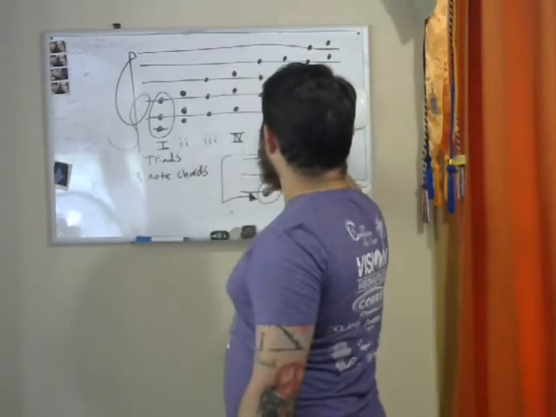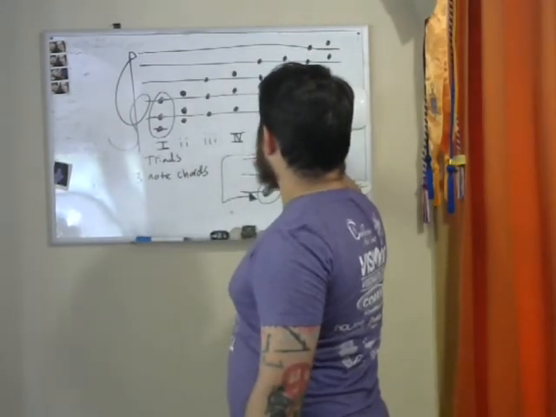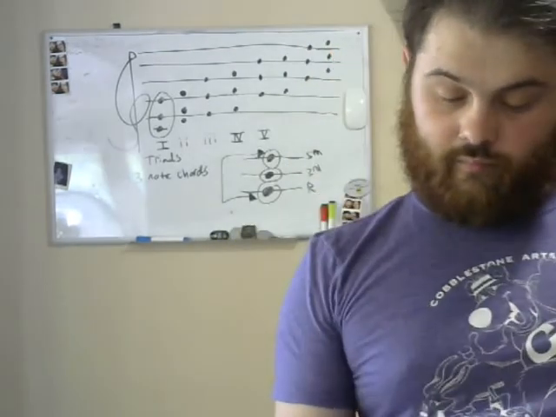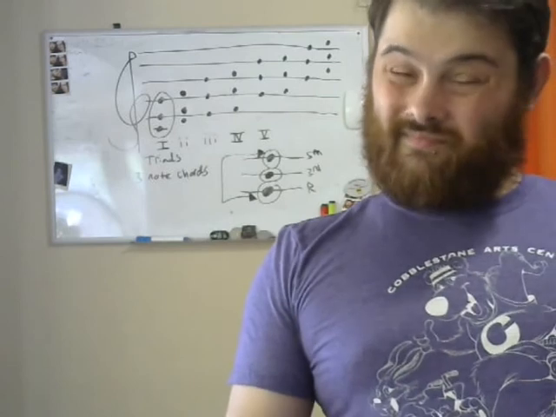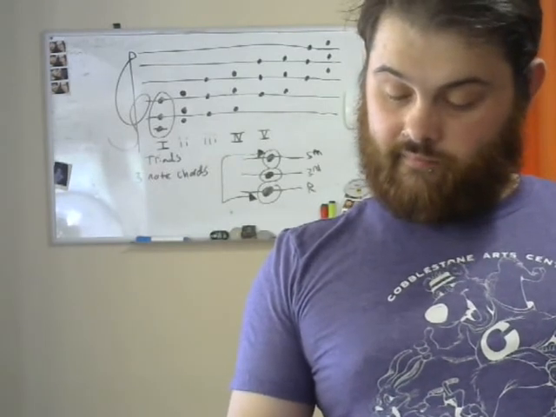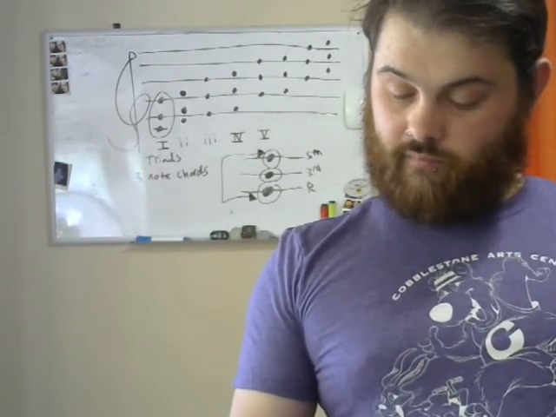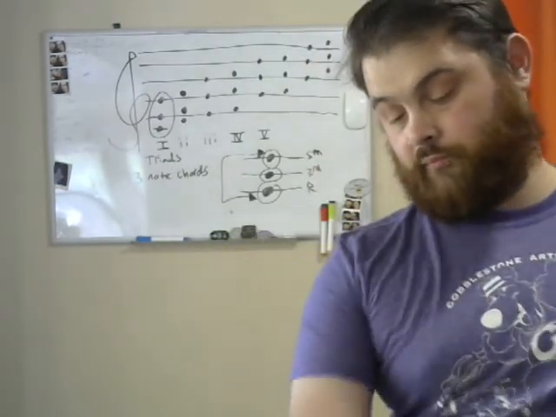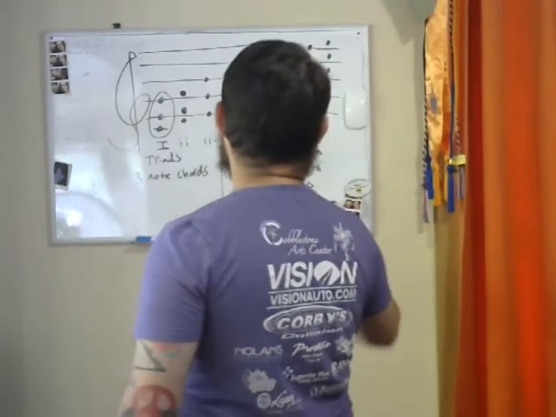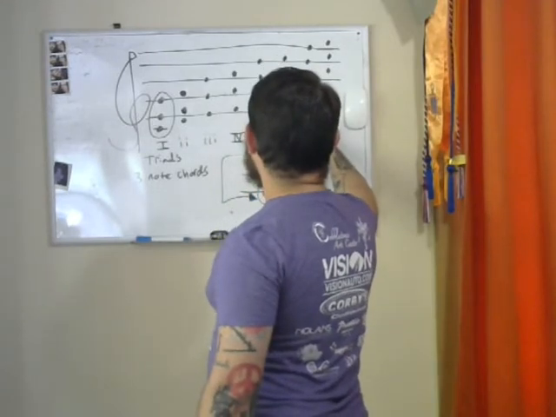Write a capital 5. And then we'll go to our 6th, the A, A, C, E, which is minor. So we'll write a minor 6.